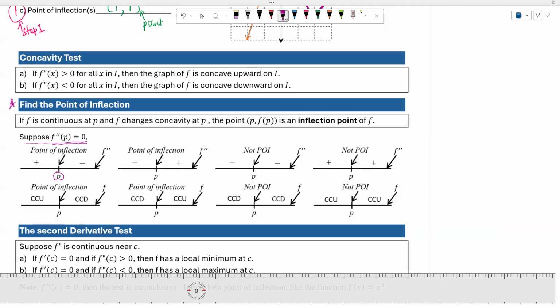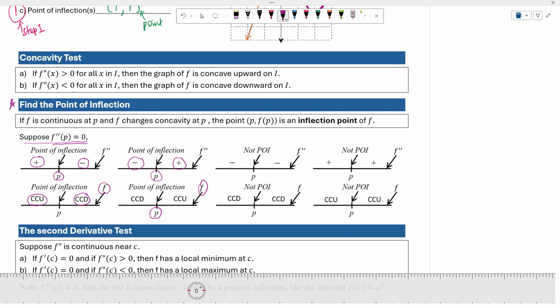If f double prime changes from positive to negative at P, then this point will be a point of inflection. In other words, the function f is changing from concave up to concave down. On the other hand, if f double prime changes from negative to positive, then the function f is changing from concave down to concave up, and of course this P right here is the point of inflection.